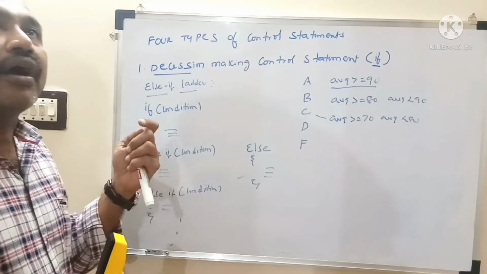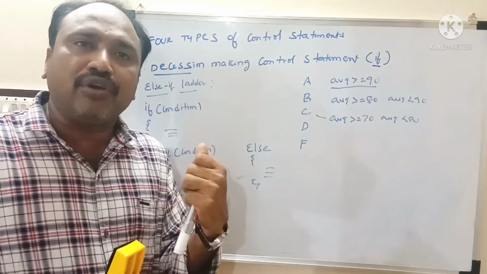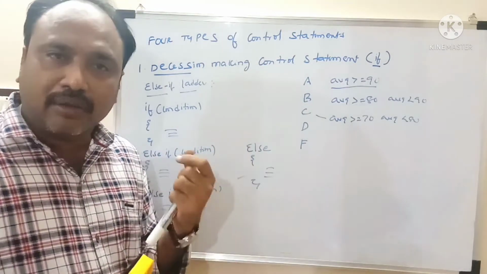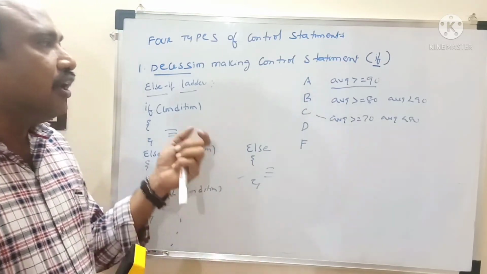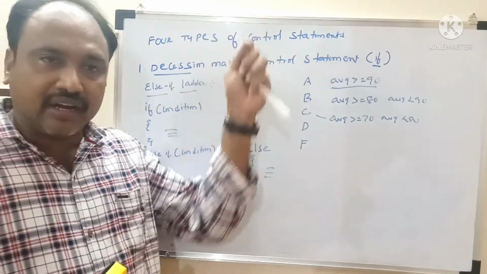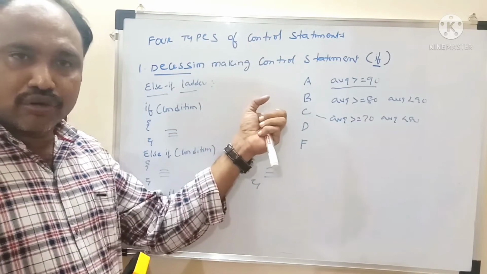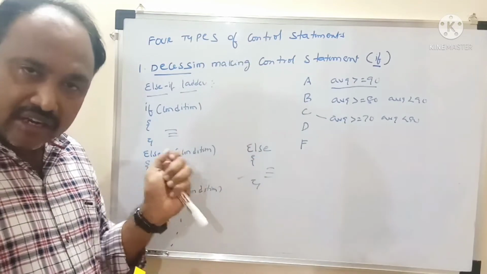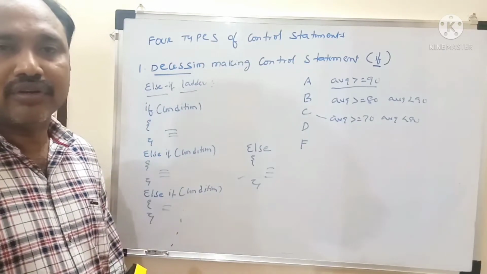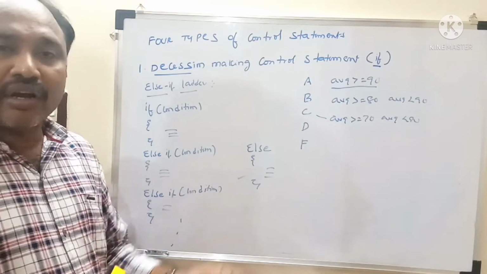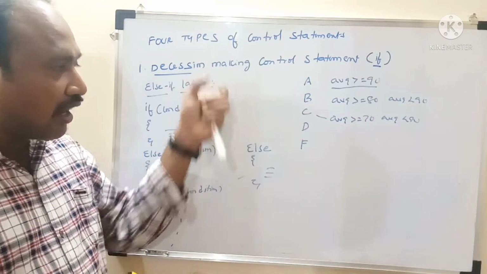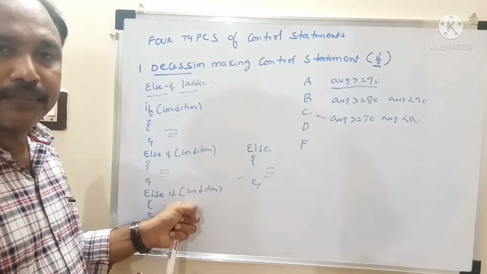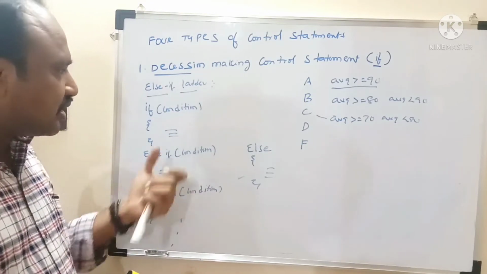For example, when you are going to calculate an electricity bill: if units greater than 500, so and so bill; units greater than 400, less than 500, so and so bill amount; greater than 200, less than 300, like that. I have to write multiple conditions based on my consumption.